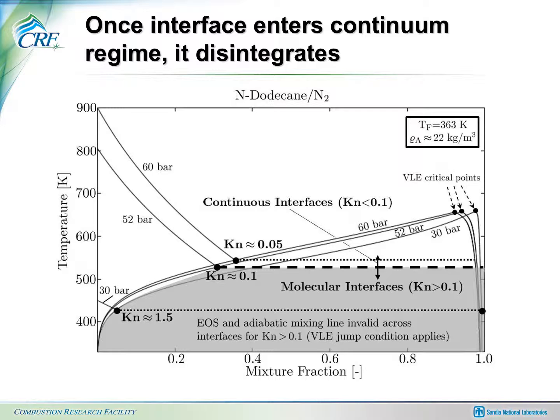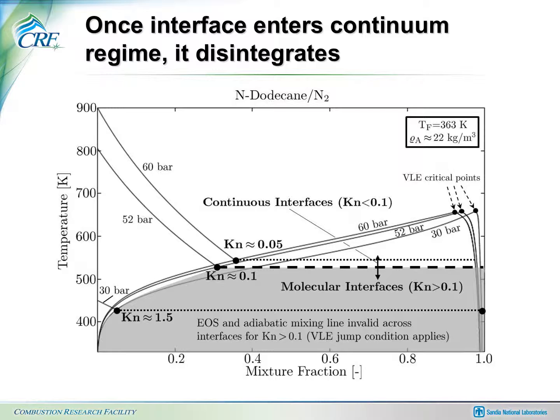It's not an on-off switch. There's a continuous change across this interface. What we suspect is really happening is that once the interface thickens to a certain point, non-equilibrium thermodynamics kicks in. VLE doesn't hold anymore, and that's really the process. There's a time scale associated with this that we still haven't defined or quantified, but those are things we're working on now.